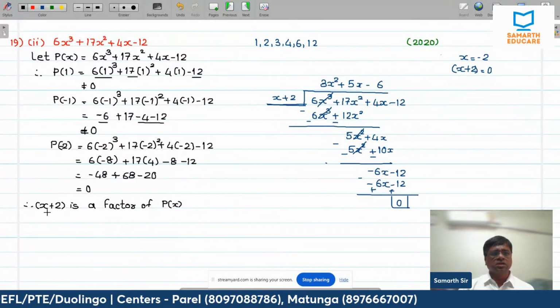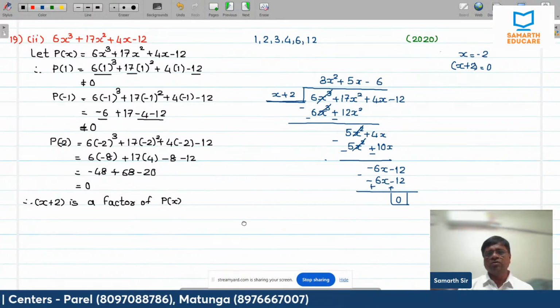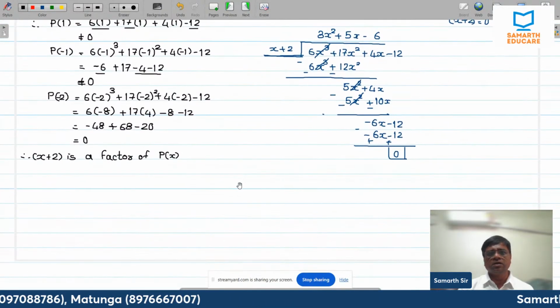So coming back to the question, what are the factors?